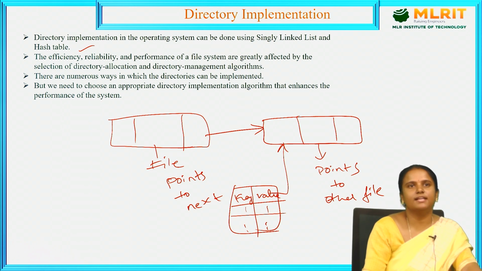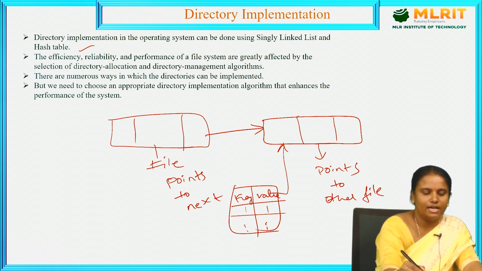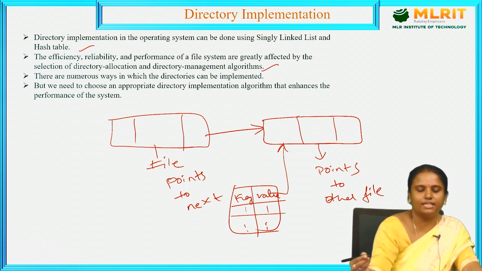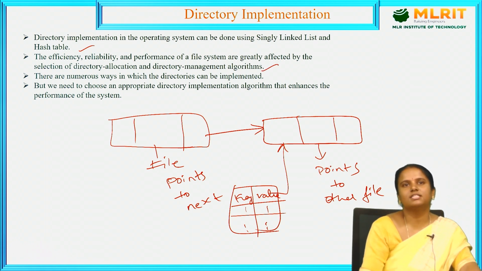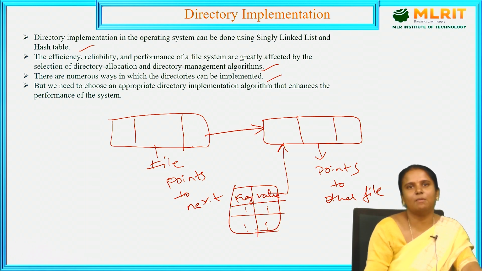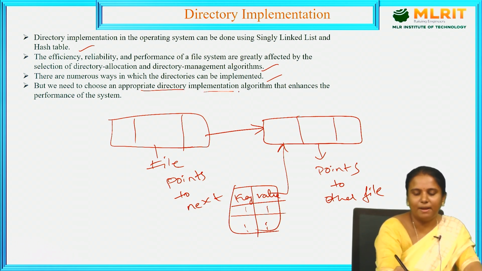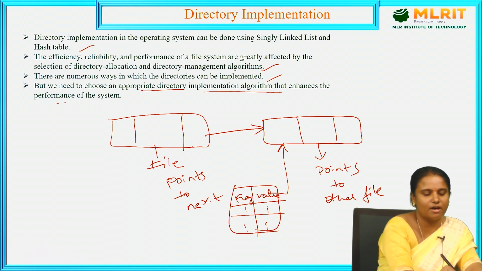The efficiency, reliability and performance of a file system are greatly affected by the selection of directory allocation and directory management algorithms, which we have seen in previous sessions. There are numerous ways in which directories can be implemented, but we need to choose an appropriate algorithm that enhances the performance of the system.